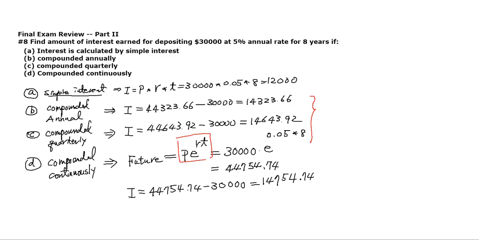Okay, problem number 9. So this is an annuity. For an annuity we can use the TI-84 calculator also. So find the future value of the following annuity. Part A here is deposit $1,300 at the end of each year for 10 years, right?